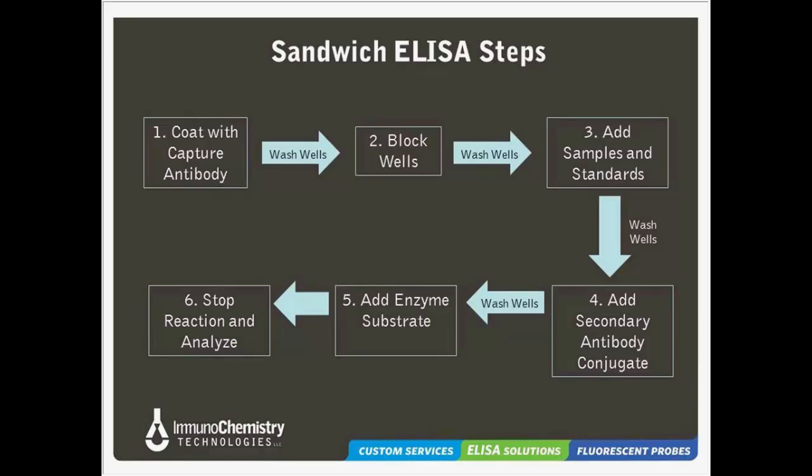And then you come in with your secondary antibody, which sandwiches the captured antigen that's on the plate antibody, and then you wash again. You add an enzyme substrate, usually it's TMB if you're using peroxidase, and then you stop the reaction so it doesn't keep going, and you can actually get a stable reading on your plate reader.